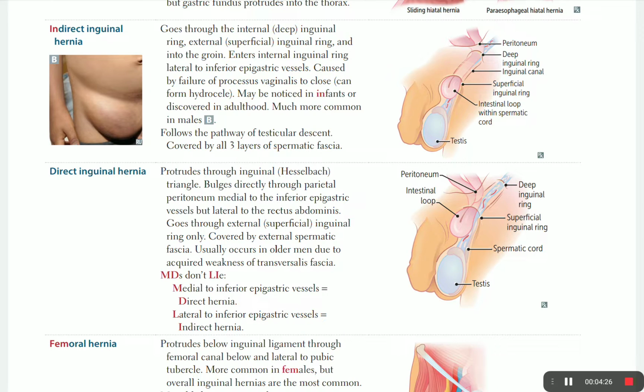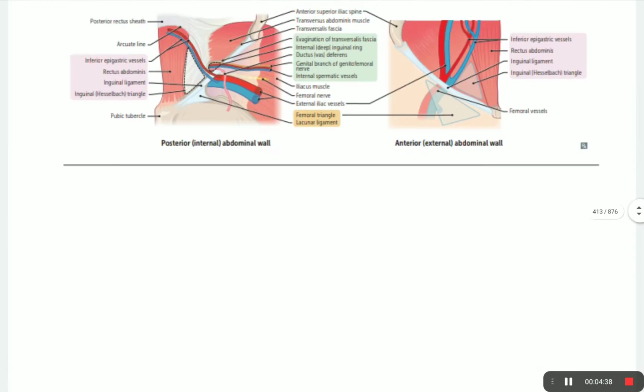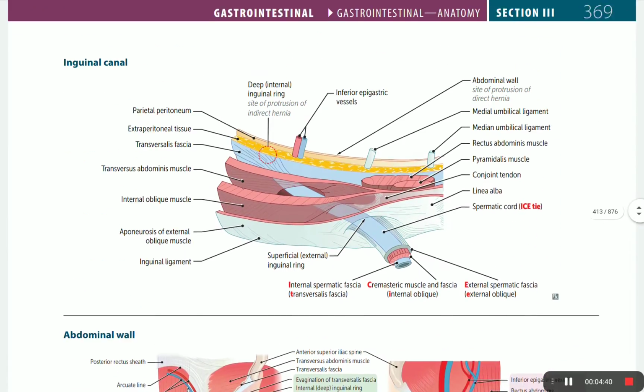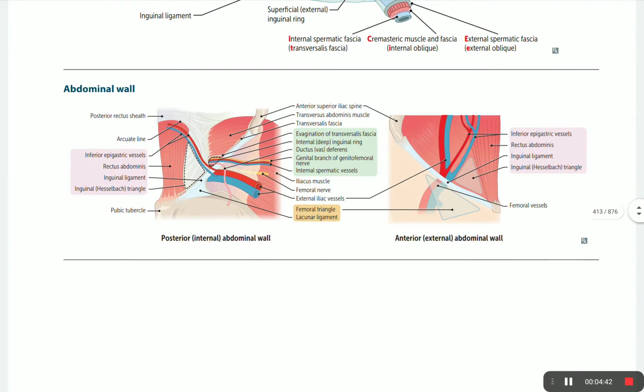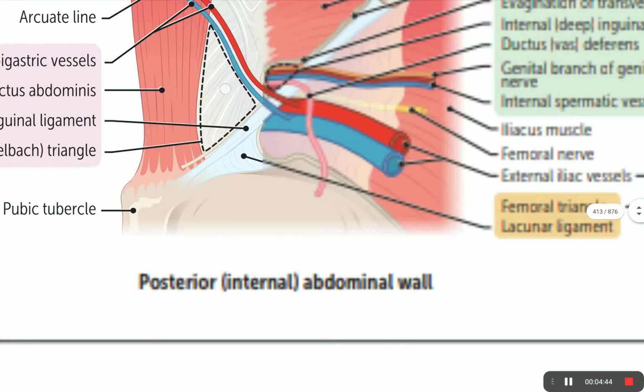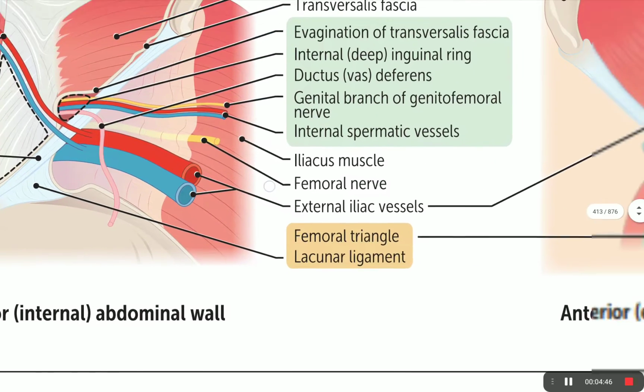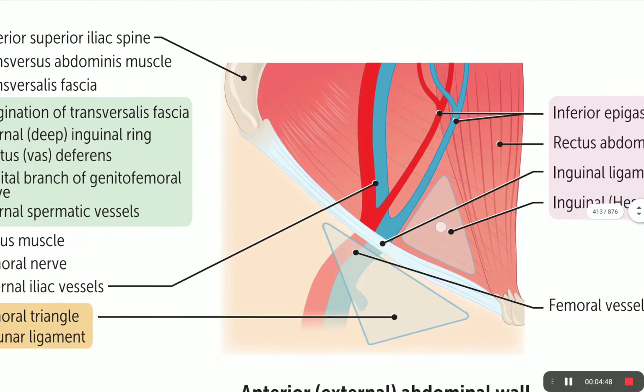But if it's not going through the canal, if it directly penetrates the anterior abdominal wall through the Hesselbach triangle, as we said before, this is what we call Hesselbach triangle. This triangle here from the posterior view, and this is from anterior view.